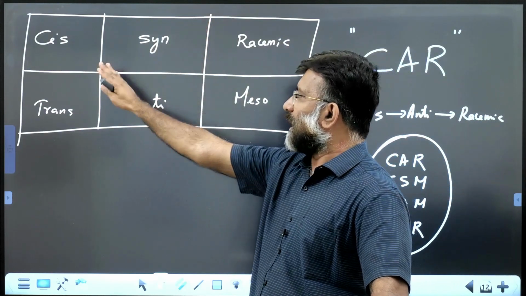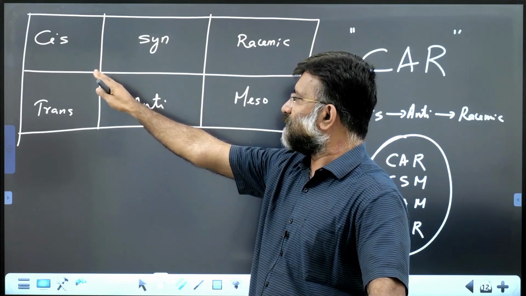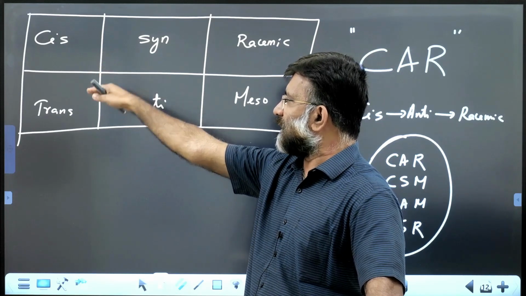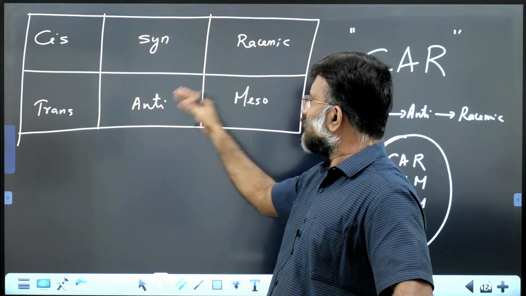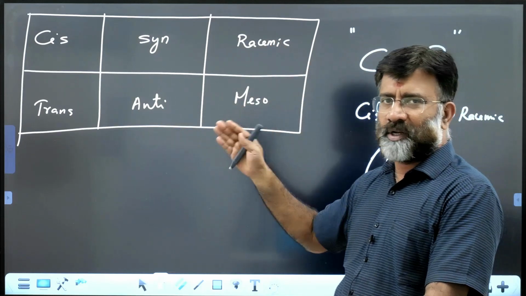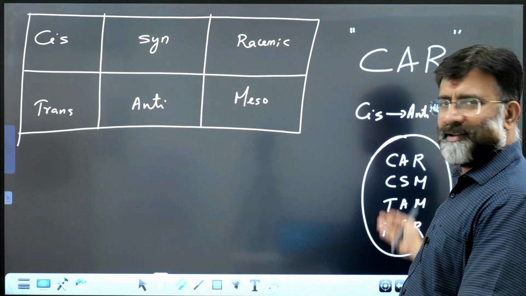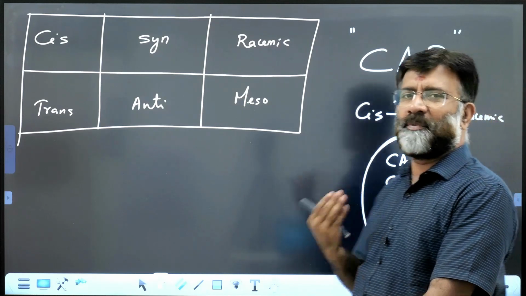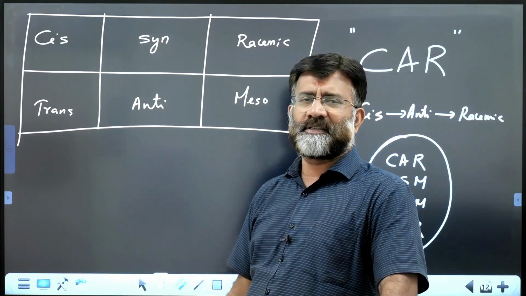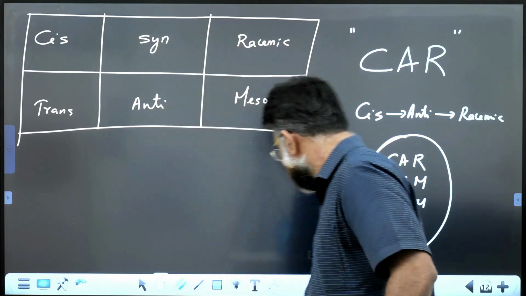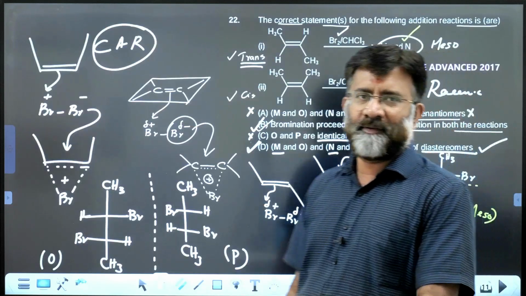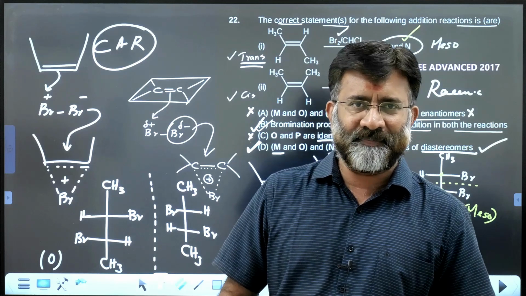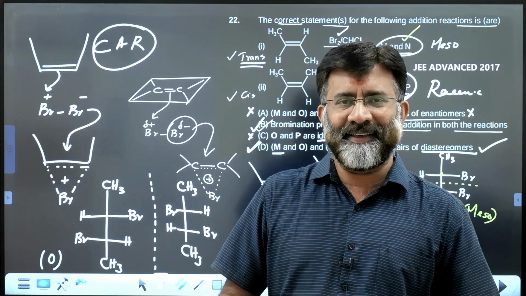So, two types of substrate molecules, cis and trans, two types of addition, two types of products, which will help you understand a variety of stereochemistry-related questions and predict products in such cases. I think it is clear to all.